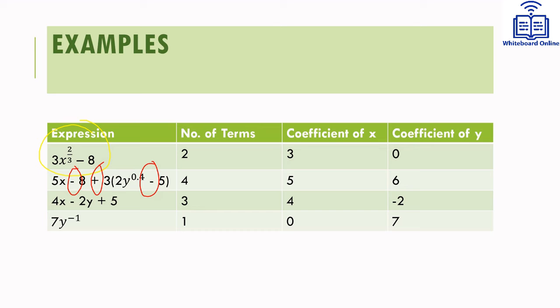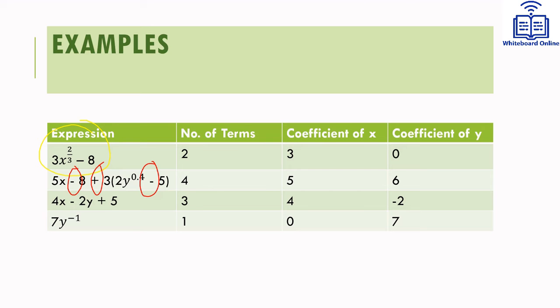There are 4 terms: 5x, then 8, then 2y which is multiplied by 3, and then minus 5 which is multiplied by 3. Therefore, 4 terms are there. The coefficient of x is 5. And the coefficient of y is 6, because 3 multiplied by 2 makes 6.